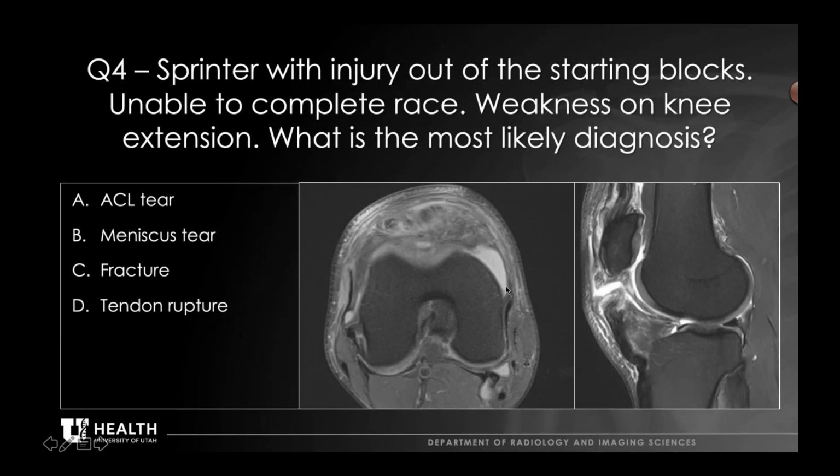Question number 4. This is a sprinter who had an injury out of the blocks. They were unable to complete the race and had some weakness on knee extension. What is the most likely diagnosis?